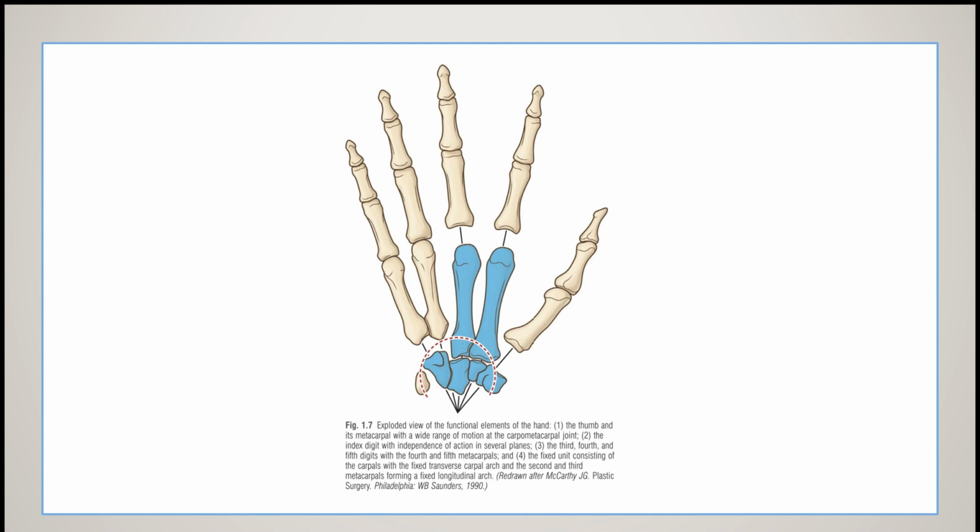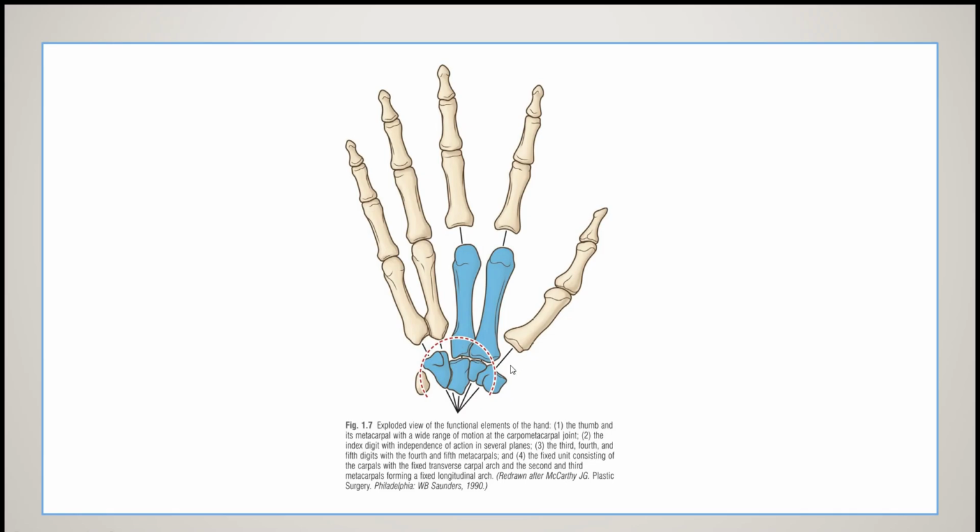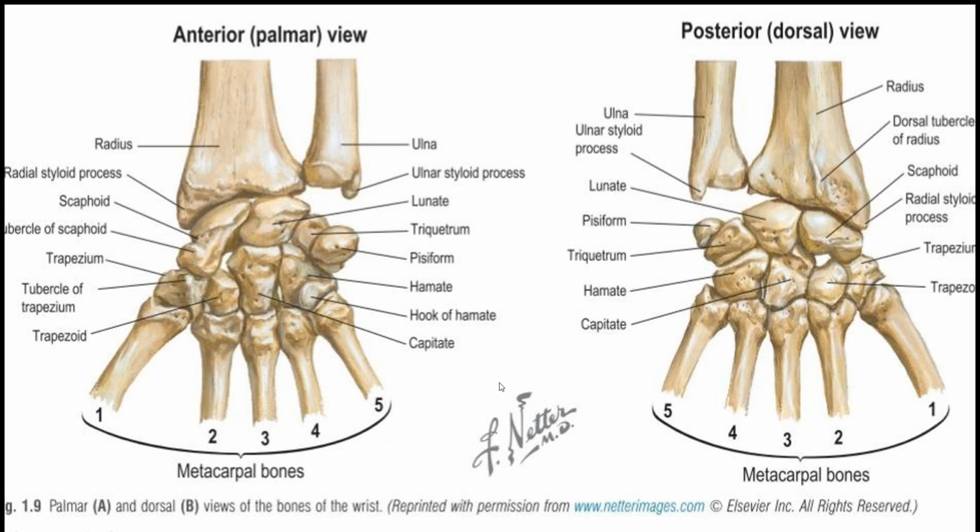Now, when we talk about the thumb, the highest mobility of the hand comes from the carpometacarpal joint. As I've mentioned, it's a double saddle joint, as you can see in this image.